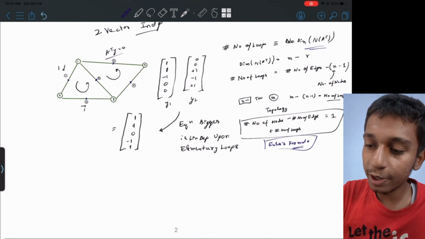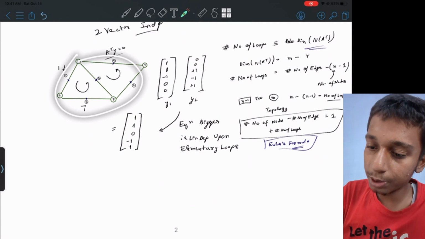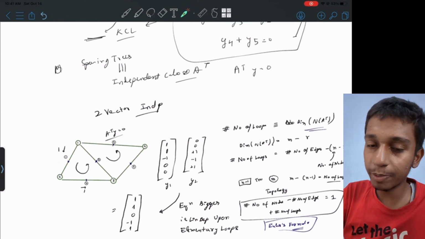And we have even seen that the outer loop is just a linearly dependent column.